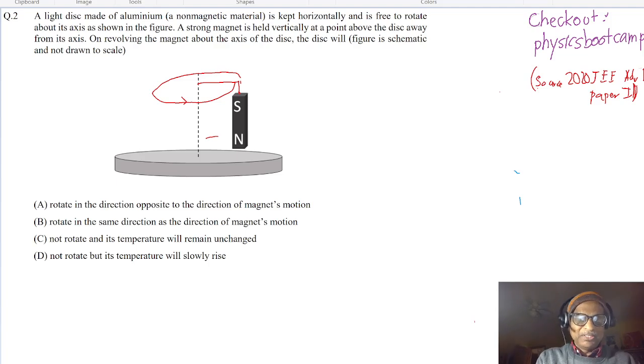Now, all of these questions, if you have studied magnets and metals, you probably know there will be the so-called eddy effect, or eddy currents will be set up, right? When you have a magnetic field changing, if you're just a magnet next to a metal, there will be no eddy current.